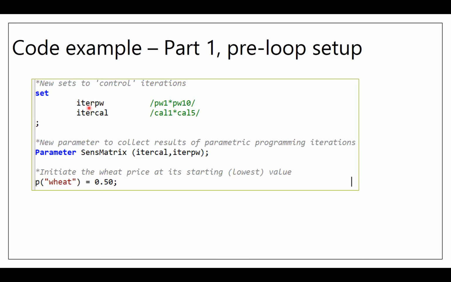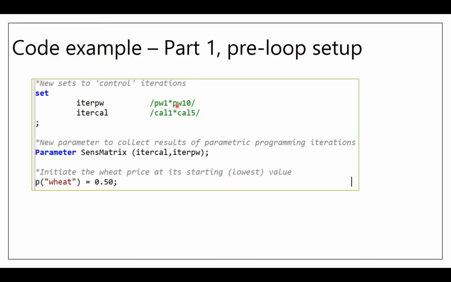And so these sets, these are set declarations that start right after our solution of the code. And so we're saying these are the iterations over the price of wheat, and I'm just going to call the elements of this set PW1 to PW10. And so something we haven't had is, if you're going to name your set elements the same, give them the same basic name, and only have a suffixed number, then GAMS lets you name all of those at once by using an asterisk.